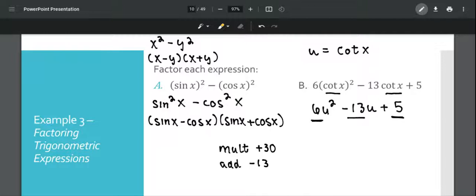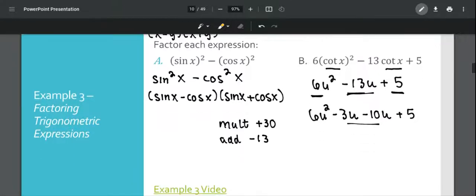The positive 30 came from 6 times 5. So maybe negative 3 and negative 10. Does negative 3 and negative 10 multiply to give you positive 30? Does it add to give you negative 13? Yeah. So we'll go 6u squared minus 3u minus 10u plus 5. So that's splitting the middle as we split that negative 13 into a negative 3 and negative 10.